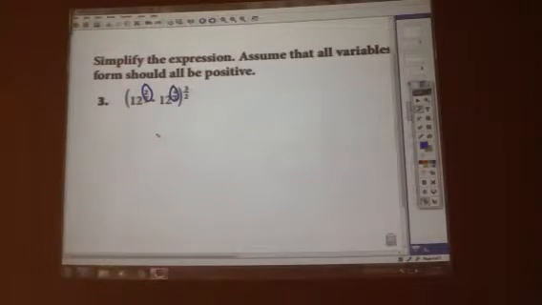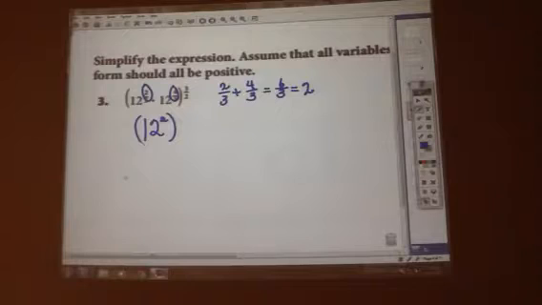So I have 2/3 plus 4/3, which equals what? 6/3, which is equal to 2. So actually inside my parentheses, I have 12 squared. And I still have to the 3/2 because I haven't done anything with that 3/2 yet.